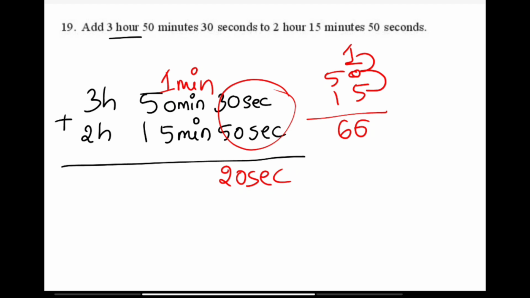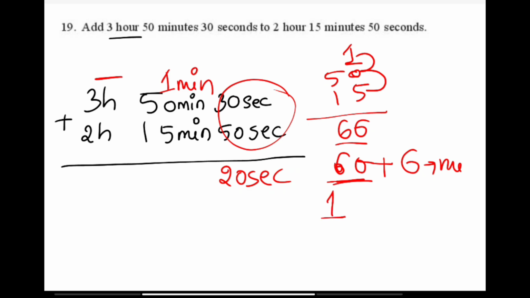Then we have to convert into hours, right? So for that purpose, how many minutes are there in 1 hour? 60 minutes are there, right? So we'll write 60 plus how many remain? 6 remain. So 60 minutes is considered as 1 hour.